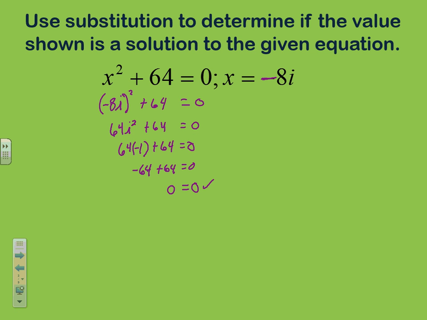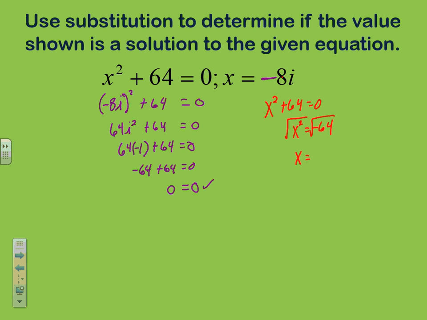Now again, I just want to look at it from the other perspective. What if I asked you to solve the problem? Instead of saying that maybe negative 8i is a solution, how would it look if I just asked you to solve this particular problem? Well, if I said x squared plus 64 is equal to 0, and I tried solving for x, move the 64 over by subtraction to the right side, and I get x squared to be equal to negative 64. And undo the square with the square root, and that'll give me x to be equal to, and again, the nice thing is that now we have an idea of what complex numbers are doing and how we work with them.